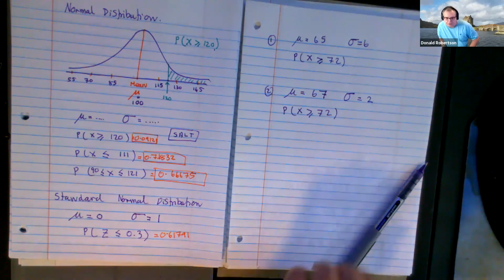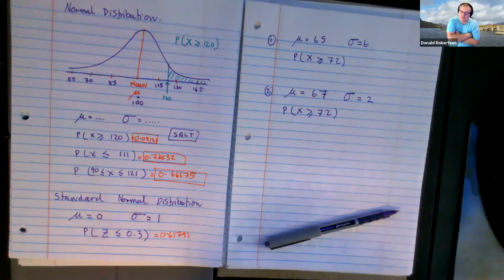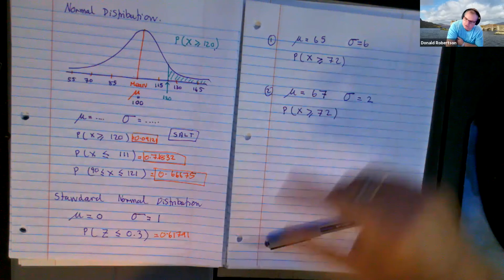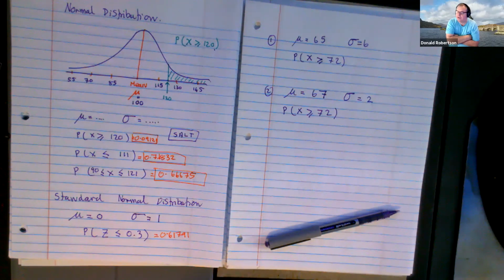So before we use SALT to actually put numbers on these, do you think that these are going to be equal? Or do you think one of them, and which one, is going to be bigger? What's your gut feeling? Which one is more likely to have 6 foot tall people? Country 1, country 2, are they both about the same?